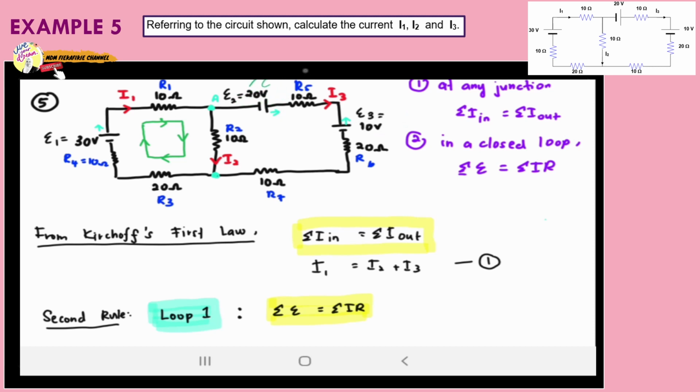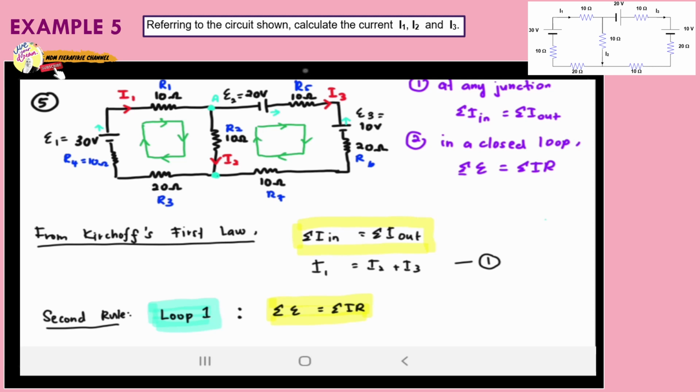You can see the small arrow here, the direction of the current is to the right. So I would choose the flow of current from the second EMF, since it has the bigger value compared to the third one. So let's draw our second loop.